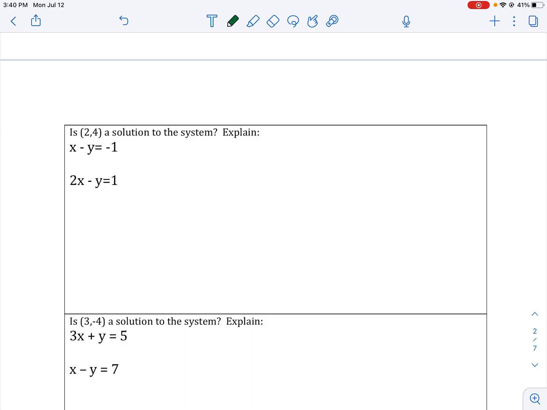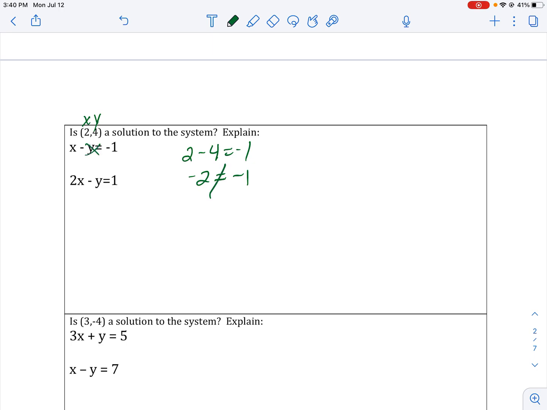So let's try this coordinate with these two equations. So x minus 4 equals negative 1. Let's simplify the left. 2 minus 4 is negative 2. Negative 2 does not equal negative 1.